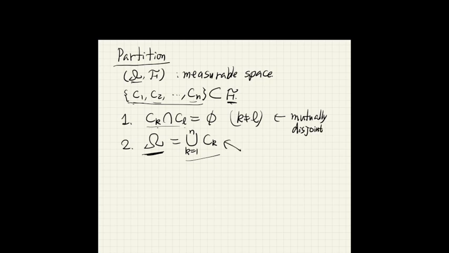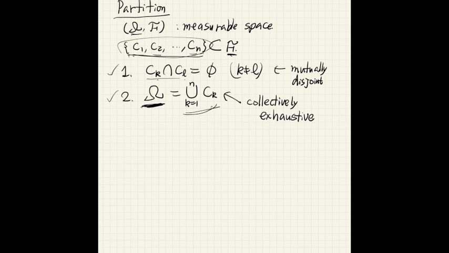And this property we say collectively exhaustive. Collectively means together, and exhaustive means it covers entire omega. So if this collection is mutually disjoint and collectively exhaustive, then this collection is called a partition of omega.